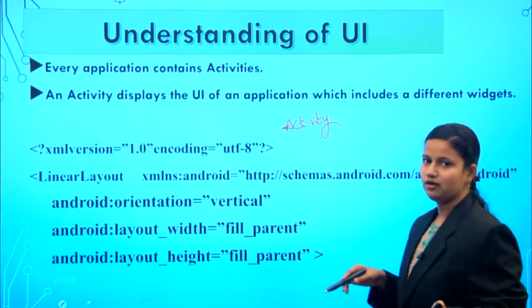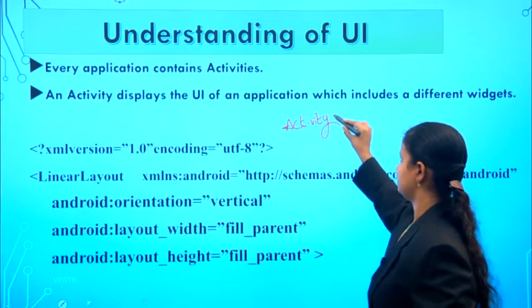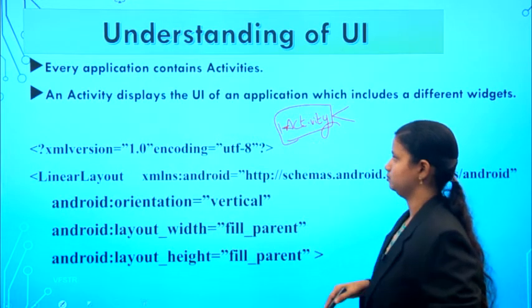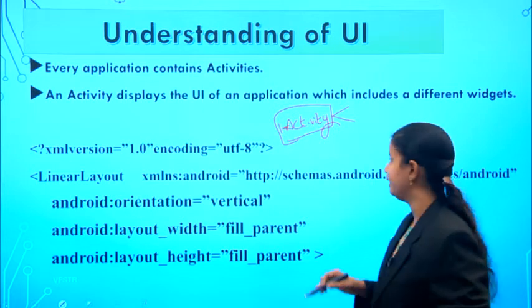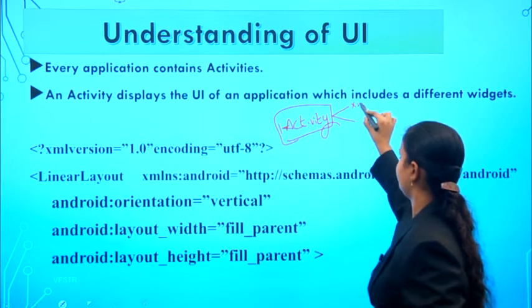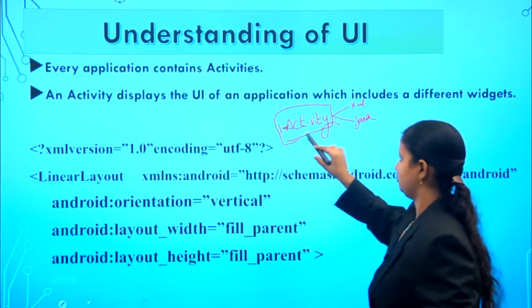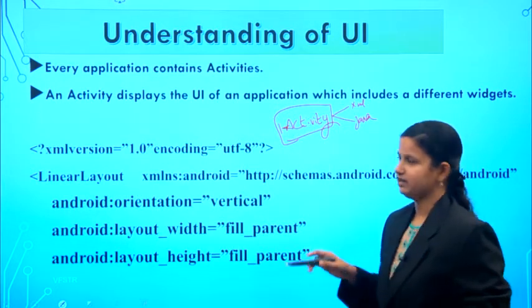At the time of opening your new project or new application, only one activity is opened by default. It will automatically open the corresponding XML and Java files for this first activity.